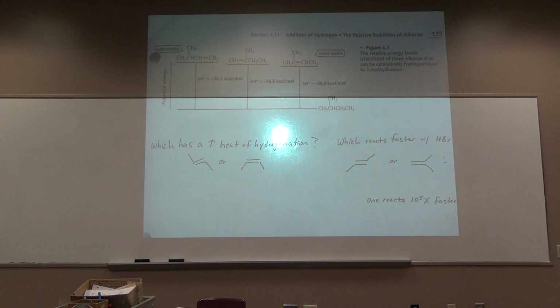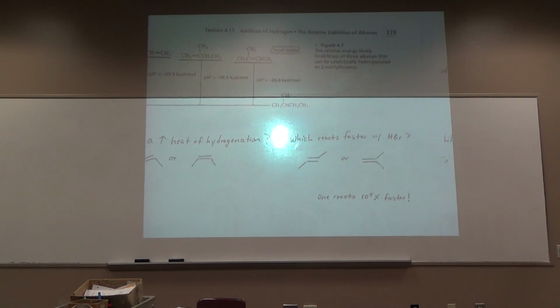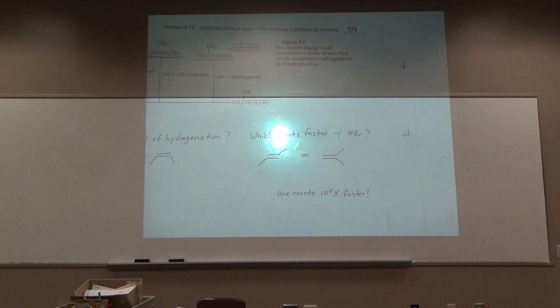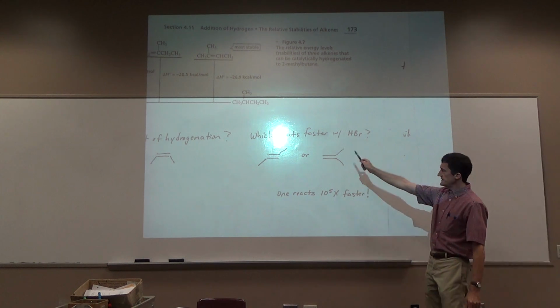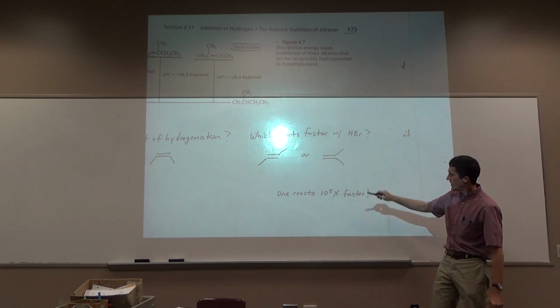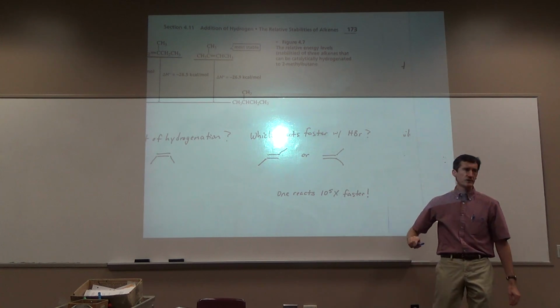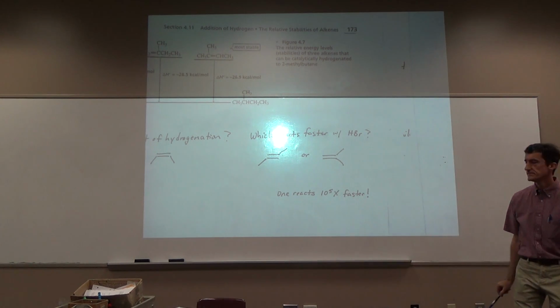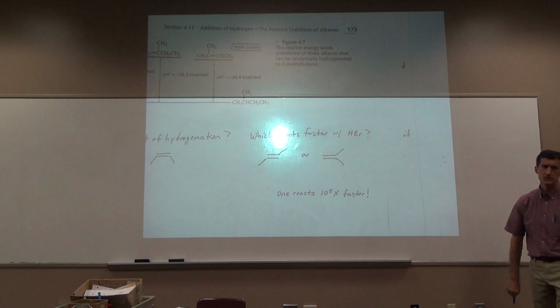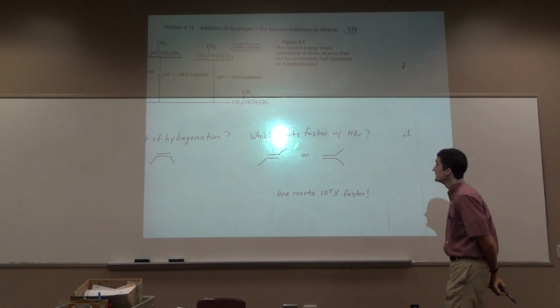While we're here, we can look at a couple of miscellaneous questions. One of these alkenes reacts with HBr 100,000 times faster than the other. Which alkene is going to react fastest with HBr?